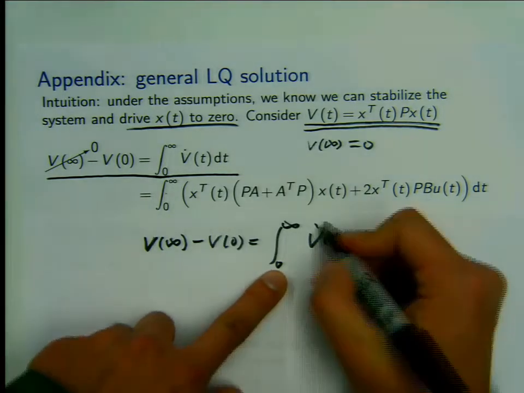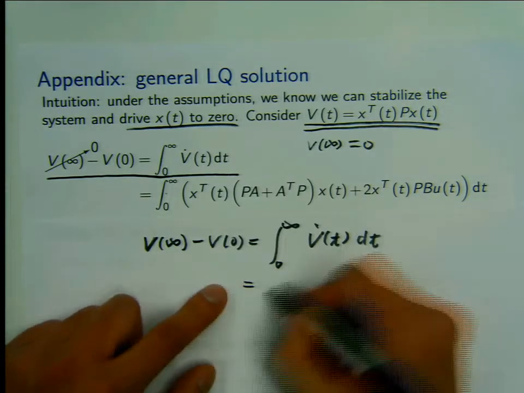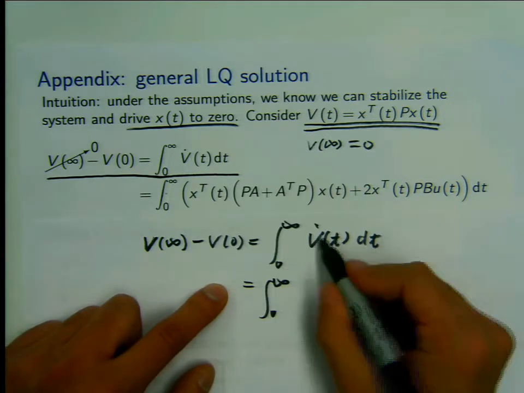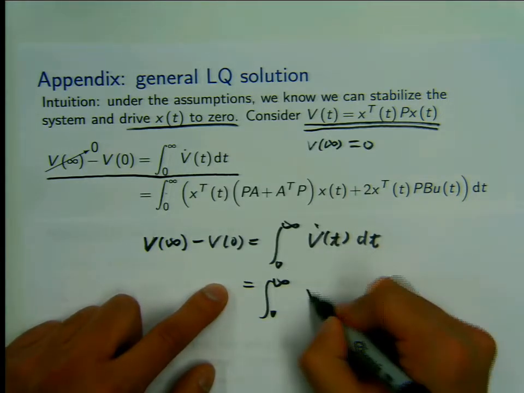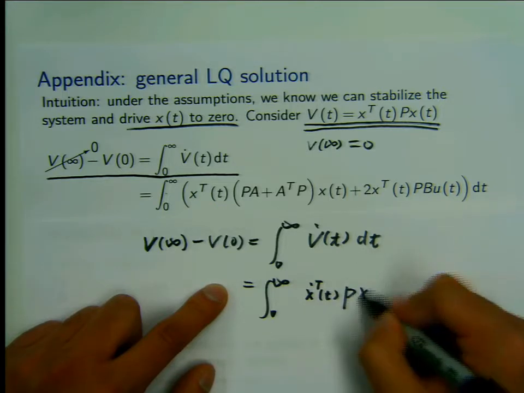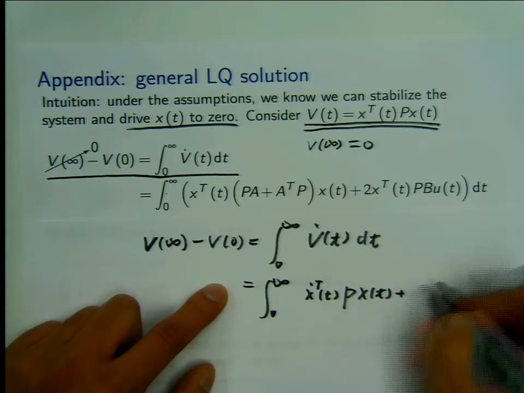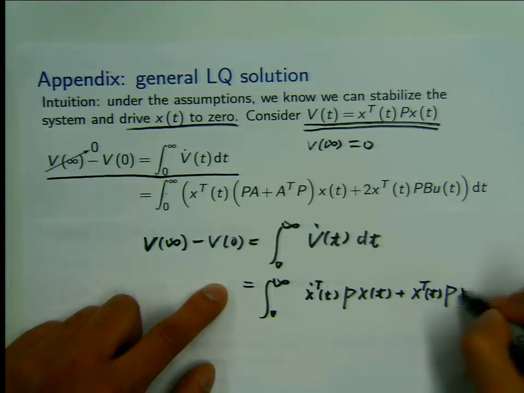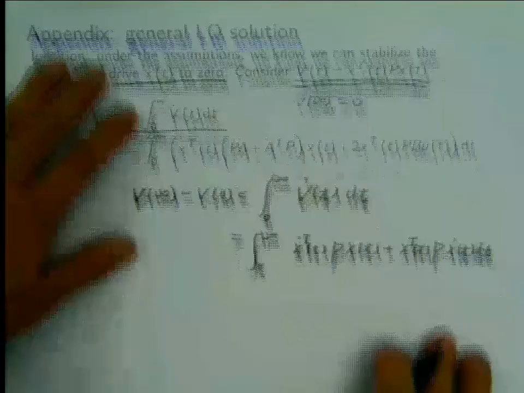I can do this very easily. Then I'm going to get the integration from 0 to infinity. V dot is going to be x dot transpose t P times x(t) plus x transpose t P x dot t. Okay?